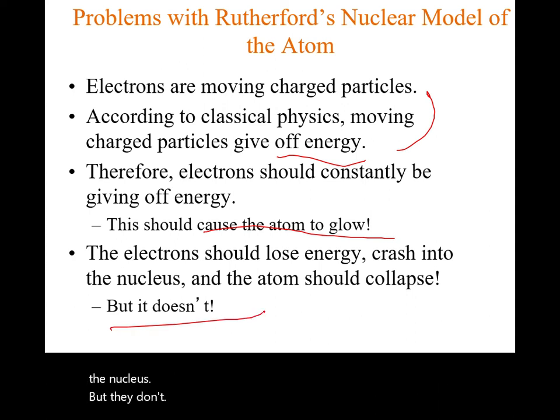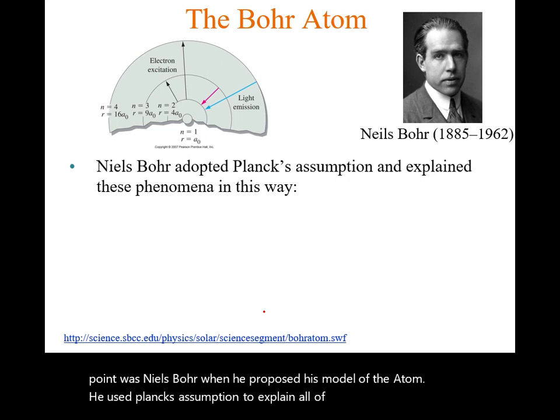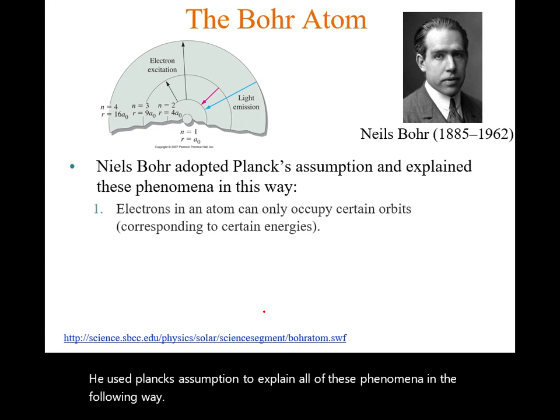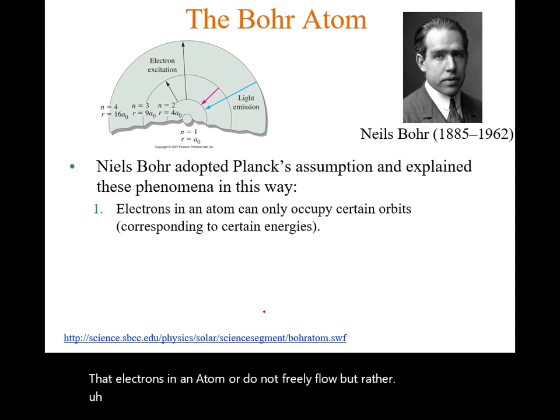And this is where the first attempt to explain all these phenomena together up to this point came from Niels Bohr when he proposed his model of the atom. He used Planck's assumption to explain all of these phenomena in the following way. Electrons in an atom do not freely flow, but rather orbit the nucleus.